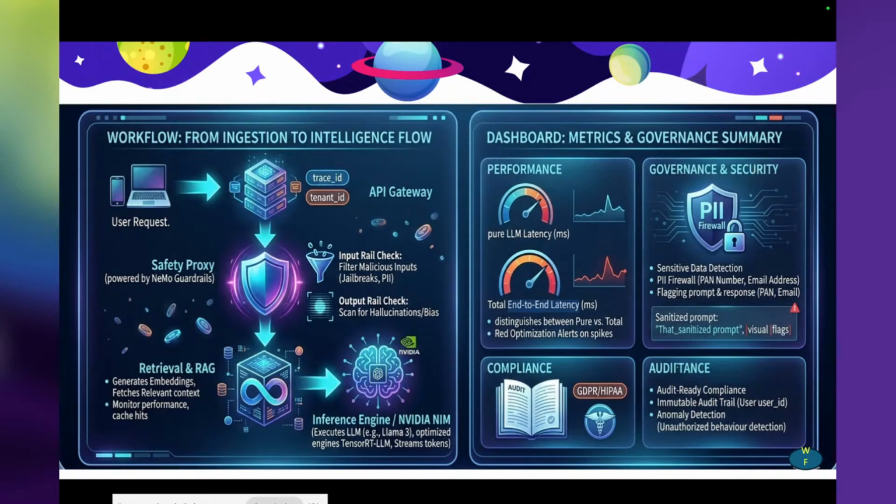We track performance, security, compliance, and auditability, everything in near real time. So in simple terms, this is not just AI working. What we're trying to build is AI that is safe, optimized, and also fully governed in terms of production readiness.